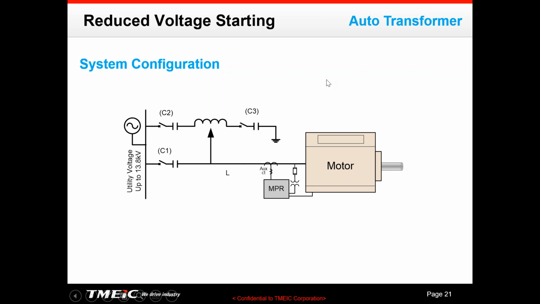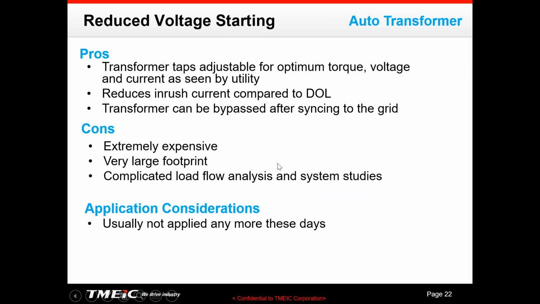So auto transformer, also, I'm not going to talk about all the details here. You use the auto transformer to start the motor and then totally bypass it, and the motor runs at DOL. Of course, you can reduce the inrush current compared to the DOL, and the same approach, but it is very expensive with a large footprint. It's not really used anymore these days.